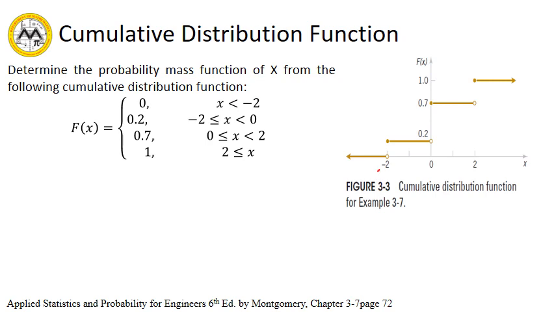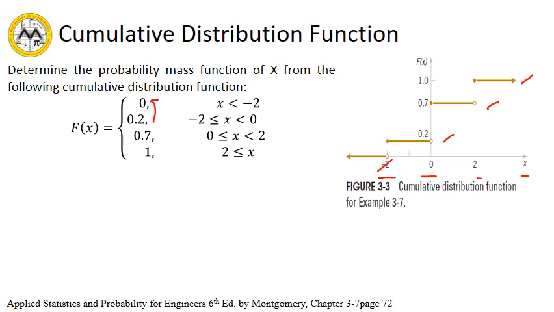0, 0.2, 0.7, and 1 along the intervals less than negative 2, from negative 2 to 0, 0 to 2, and greater than 2. To get the probability mass function, we're going to subtract two successive cumulative probabilities.